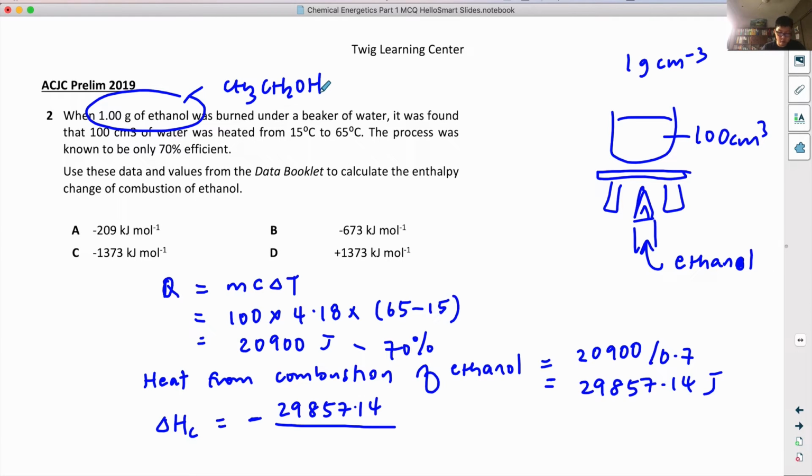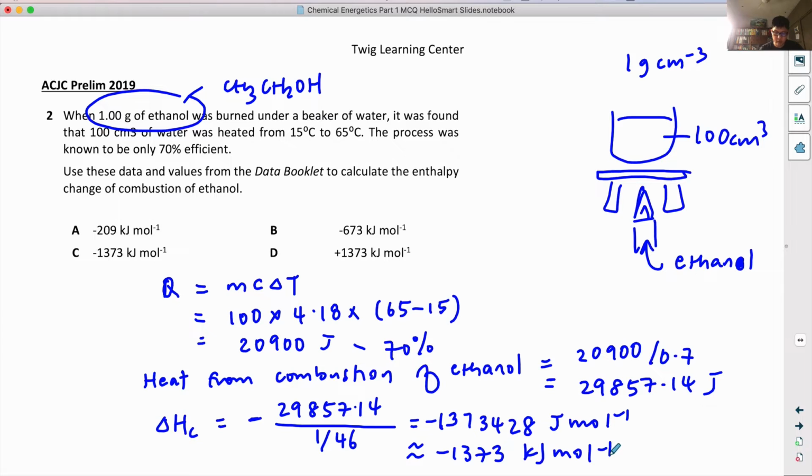So the number of moles of ethanol is 1 divided by 46. You should get a value of 1373428, but this is still in joules per mole. If you want to convert, it's approximately minus 1373 kilojoules per mole. So for this question, the answer will be C.